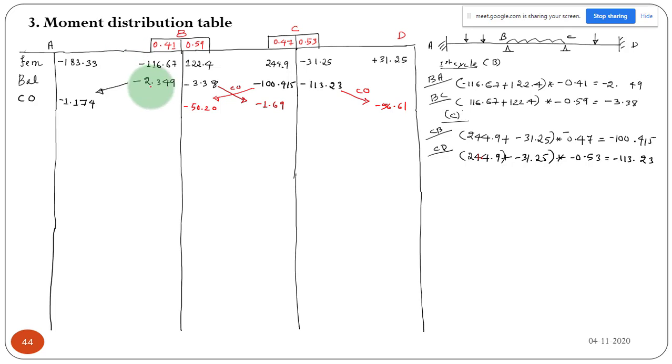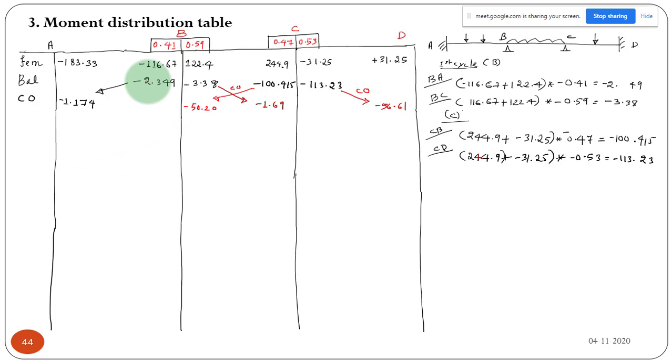If you take these four values' sum, you will get 0, but some additional moment came due to carryover from the far end. So now at this joint, if you take the total sum, there will be some unbalanced moment: 50 at joint B, and 1.69 at joint C.